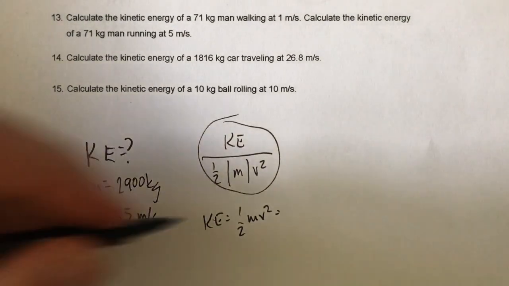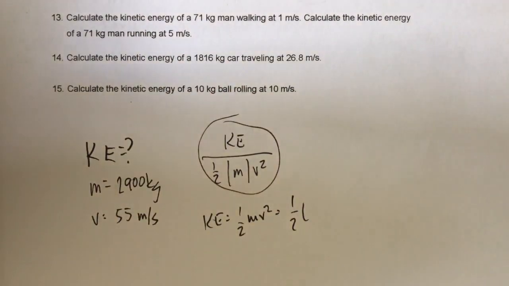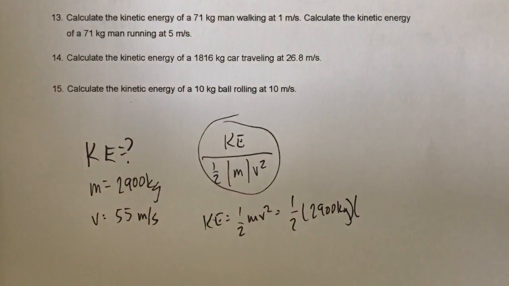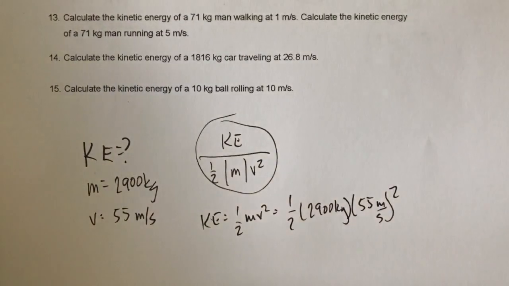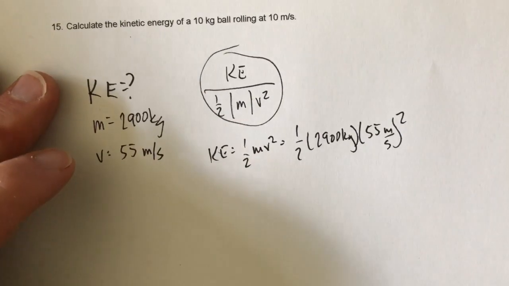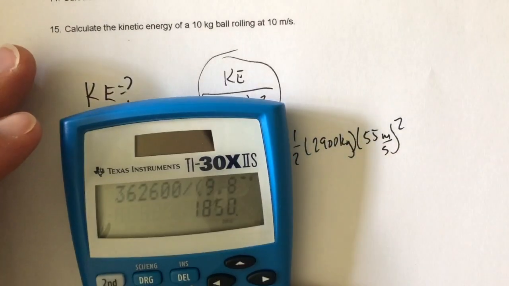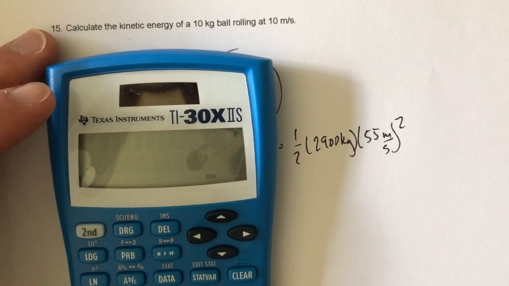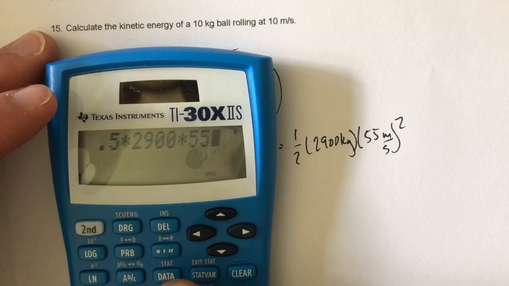I'll plug my numbers in. 1/2 times 2,900 times 55, and I square the 55, just like I showed you in the notes yesterday. 1/2 is the same as 0.5, so I just type 0.5 in, times the mass, 2,900, times 55 squared.